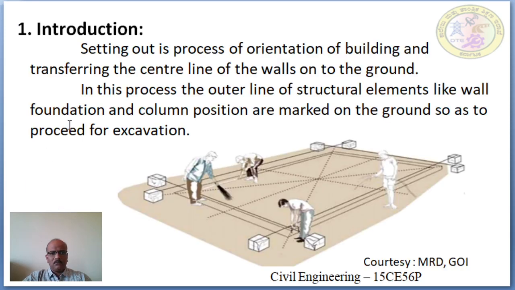As we know, in the previous session we have discussed the introduction, what is setting out and what is the process of setting out. To recap the definition: setting out is a process of orientation of a building and transferring the center line of walls onto the ground.